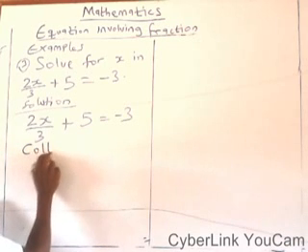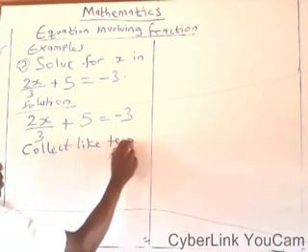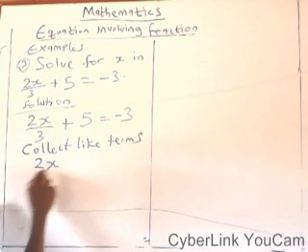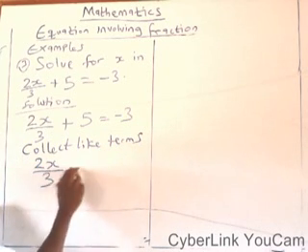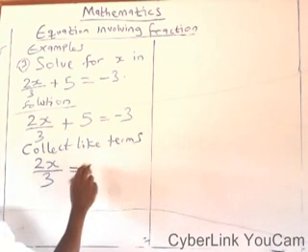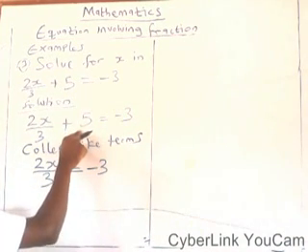Now we are going to do something here. We are going to collect like terms. Then we are going to have 2x over 3 is equal to, what is outside before is minus 3. Minus 3 waiting for 5 to come.